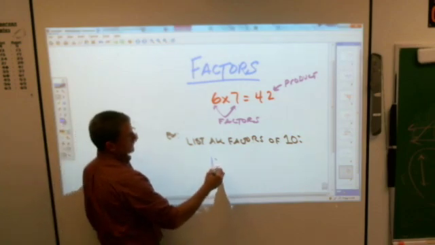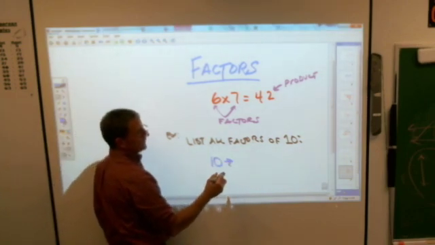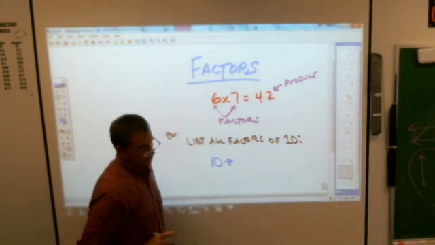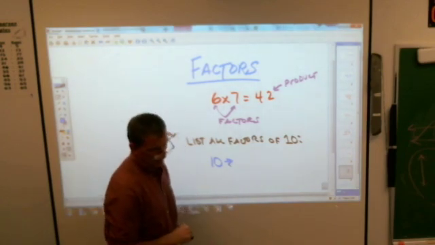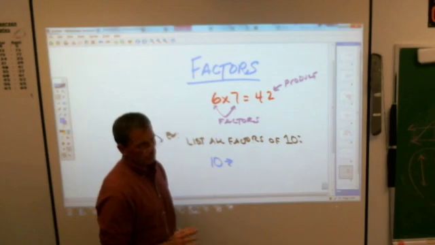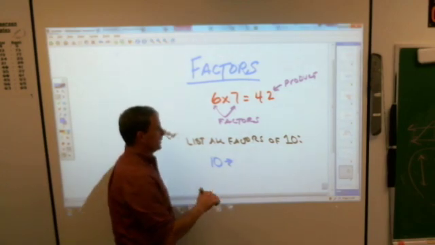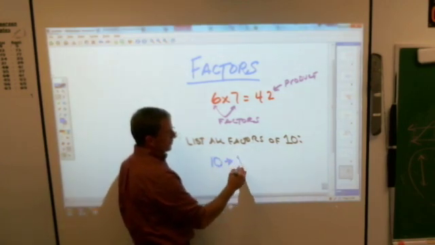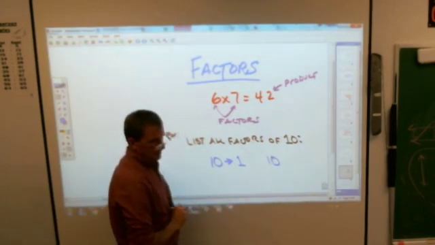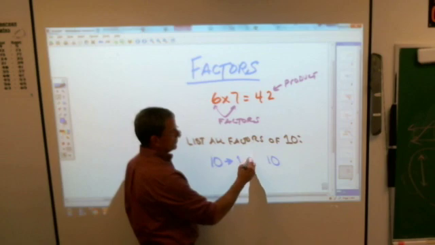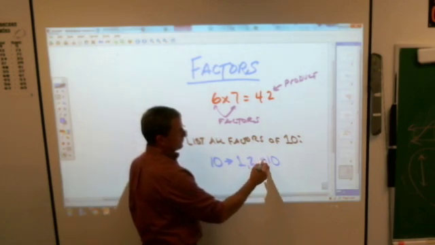You would go 10, the factors of 10 would be, and here's my strong encouragement to you. Please write them down in pairs, because if you don't, you will start to forget some or miss some, and I'll show you what I mean in a minute. But I know that 1 times 10 gives me 10, and I also know that 2 times 5 gives me 10.